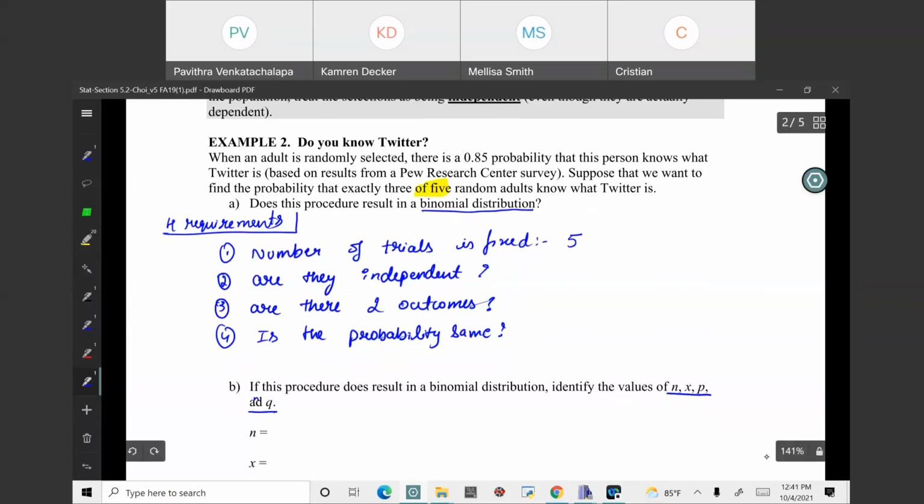Second one, are they independent? Yes, they are independent. How many outcomes do you think we will get? 2. They know Twitter or they do not know. There are only 2 outcomes. So yes, 2 outcomes. Is the probability same?